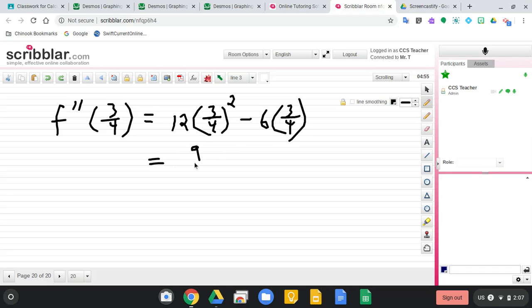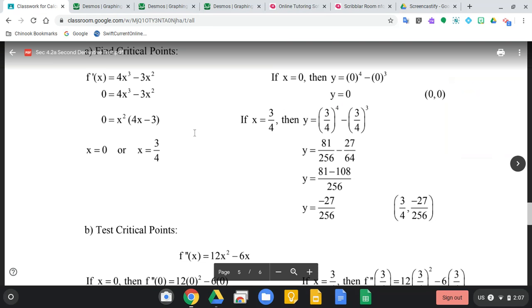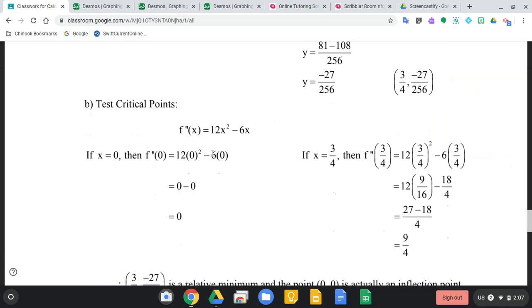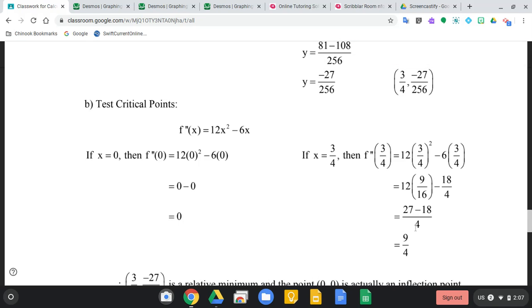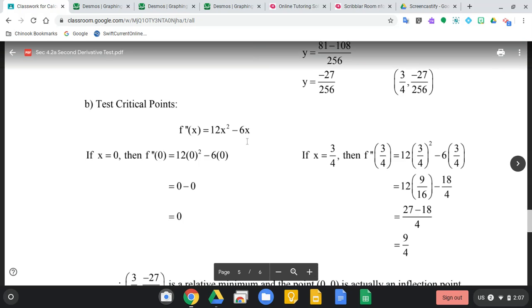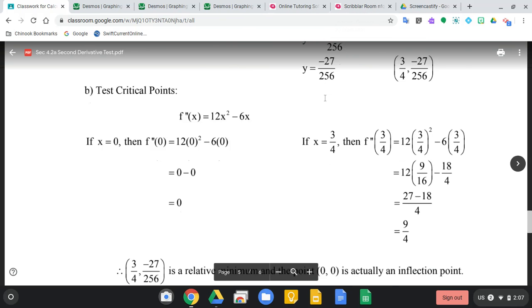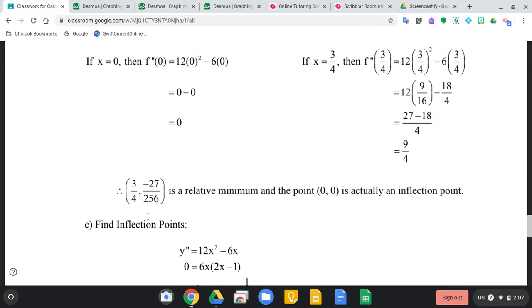The answer is 9/4. If we go back to the notes and test our critical values, that's what we got over here, 9/4. 9/4 is a positive number. If 9/4 is a positive number, that tells us that 3/4 and minus 27 over 256 is a minimum, and the point 0, is actually our inflection point.